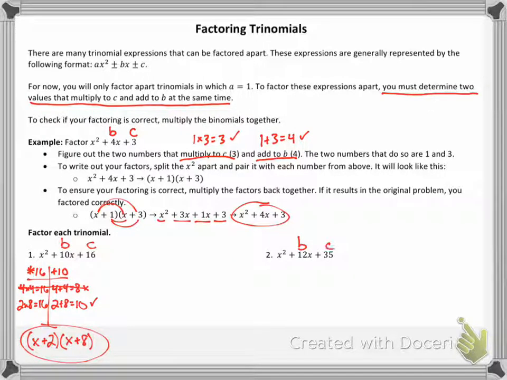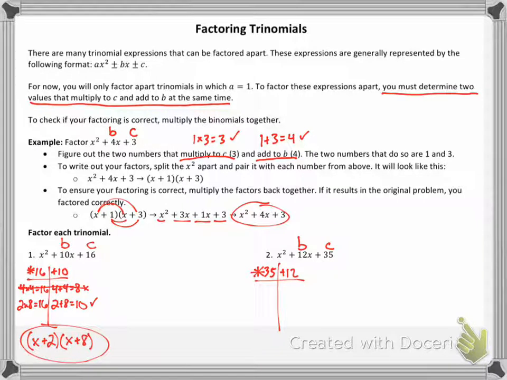So let's talk about number 2. x squared plus 12x plus 35. So B is 12, C is 35. So I want to figure out what multiplies to 35 and adds to 12. First thing that comes to my mind is 5 times 7. Okay? So, multiplies to 35, adds to 12.